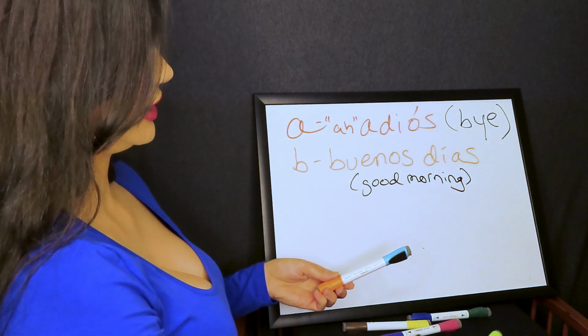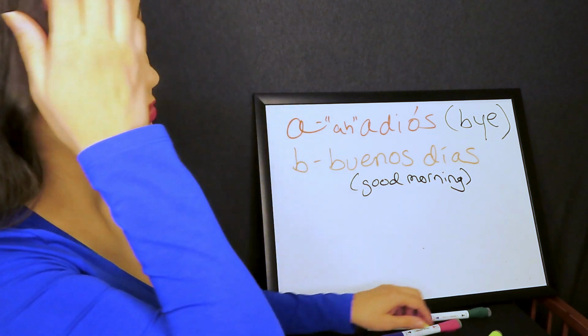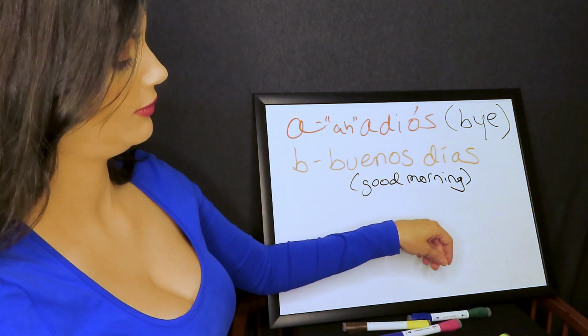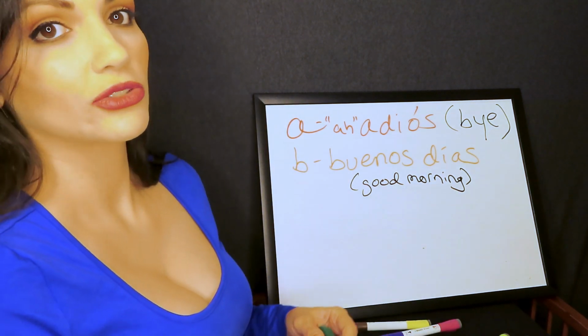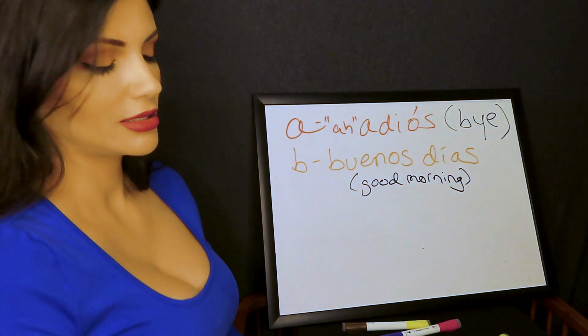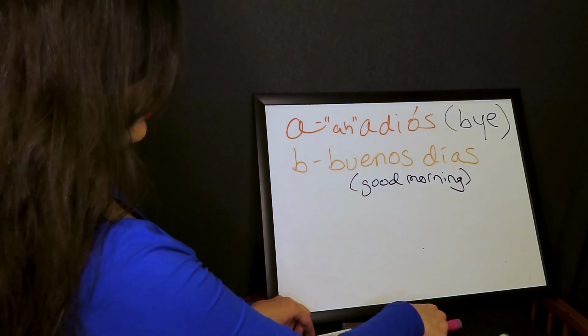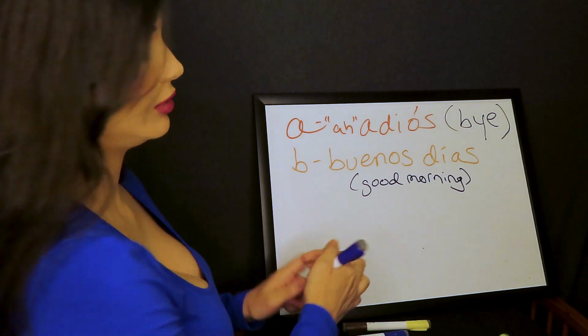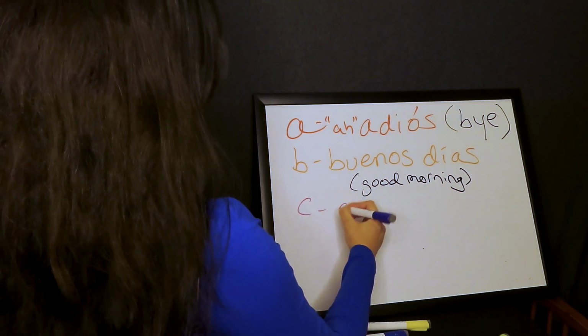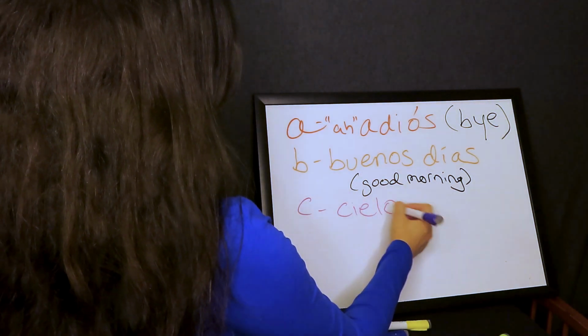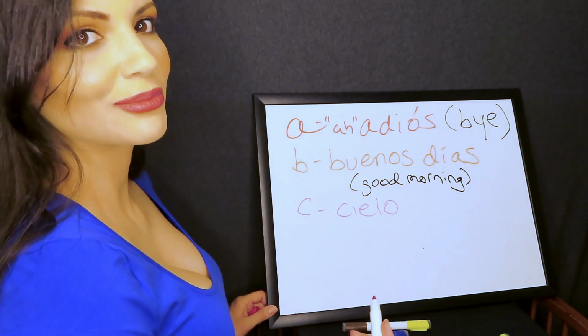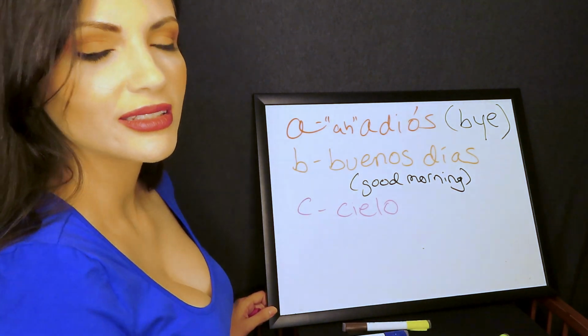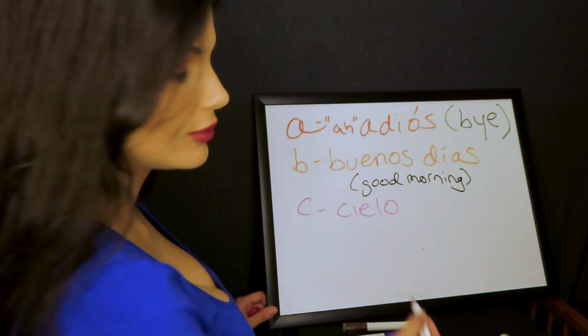C can be used in two different ways in Español. It can be a soft C, such as in the word cielo, or it can be a hard C, such as in the word cómo.